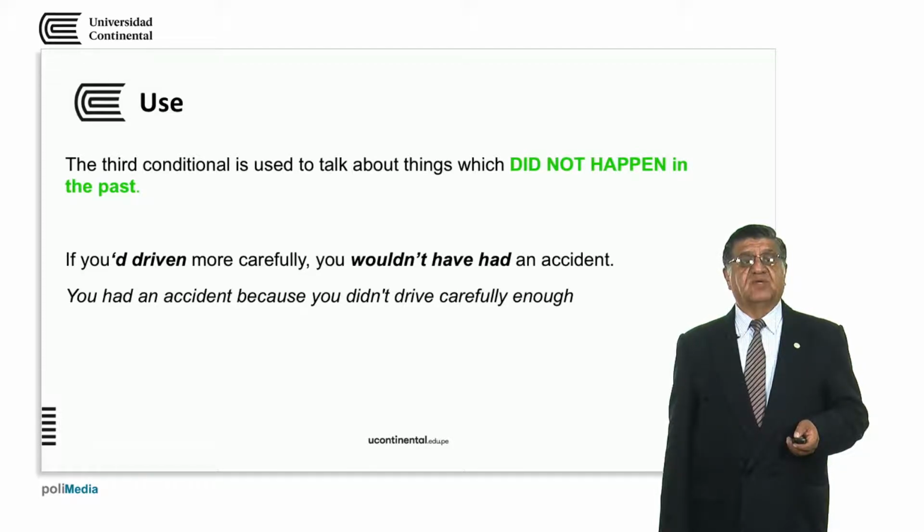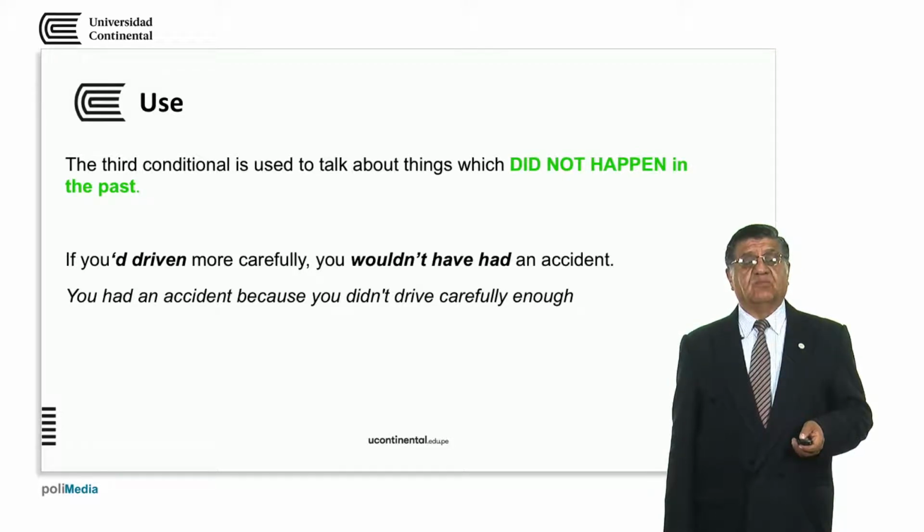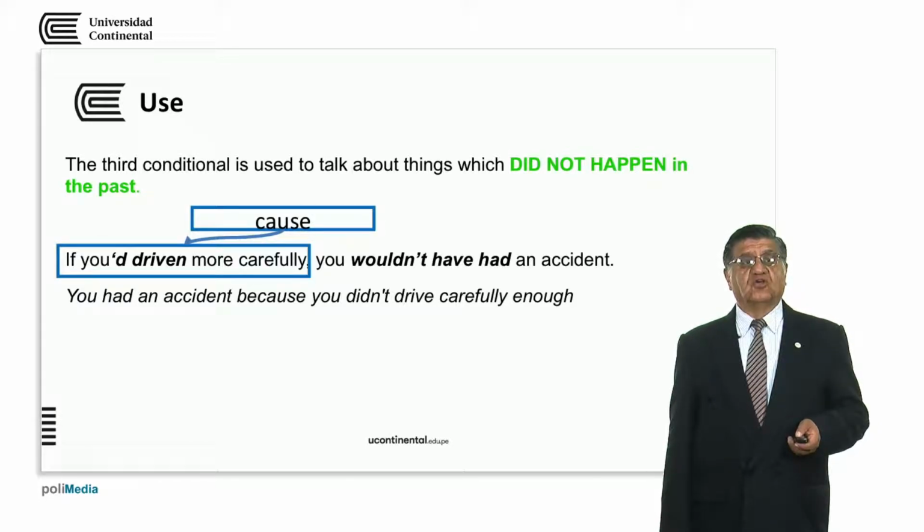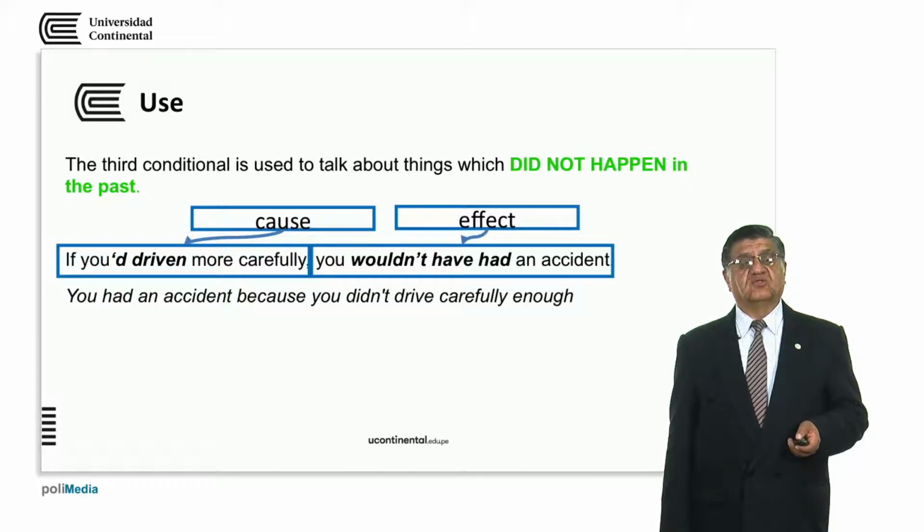We explained this: you had an accident because you didn't drive carefully enough. If you'd driven more carefully, comma, remember the comma after the if clause when it's at the beginning of the sentence, and after that, the main clause. You wouldn't have had an accident. The cause is if you'd driven, and the effect is the main clause.